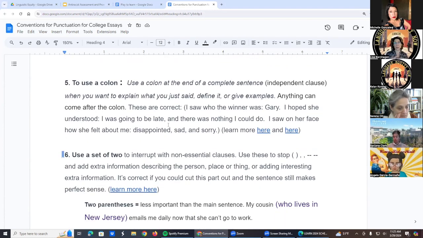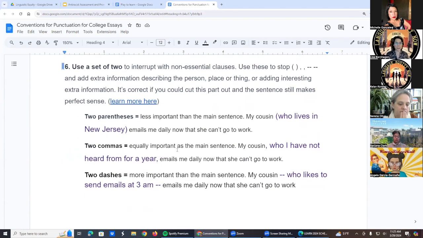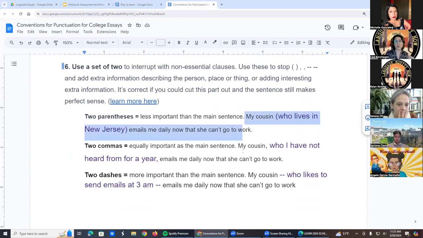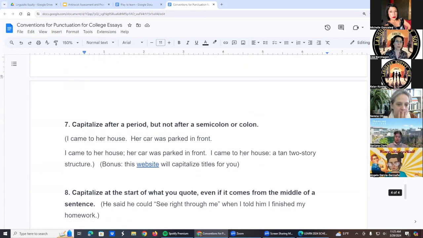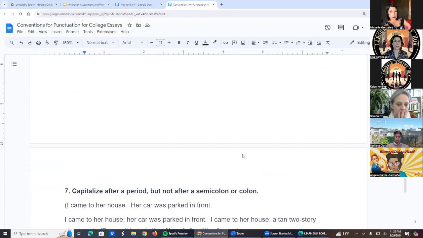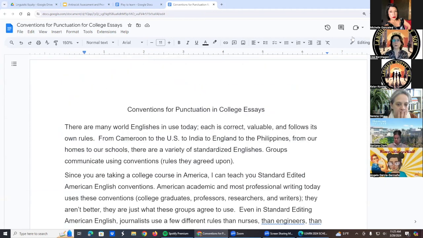If they want to play around and use a colon, how does that communicate? If they want to interrupt with a set of dashes or parentheses, for example, they can try to sound funny, or they can drop information that's more or less important. So I just give them a whole bunch of different ways that tend to be used in American academic writing if they want to play around with that.